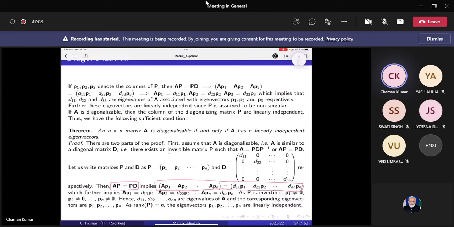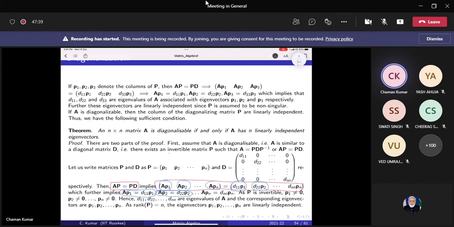Now you compare these two sides of this equation element-wise. The first element is AP1, which will be equal to D11 P1. The second element is AP2 is equal to D22 P2.